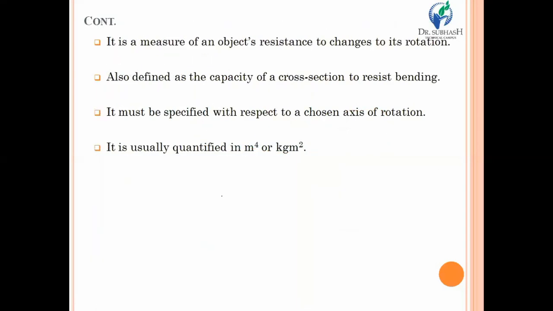Generally, if we talk about the characteristics of moment of inertia, it is a measure of an object's resistance. Suppose any body or machine component has a higher moment of inertia, then it strictly indicates that the object will offer more resistance to change its position.